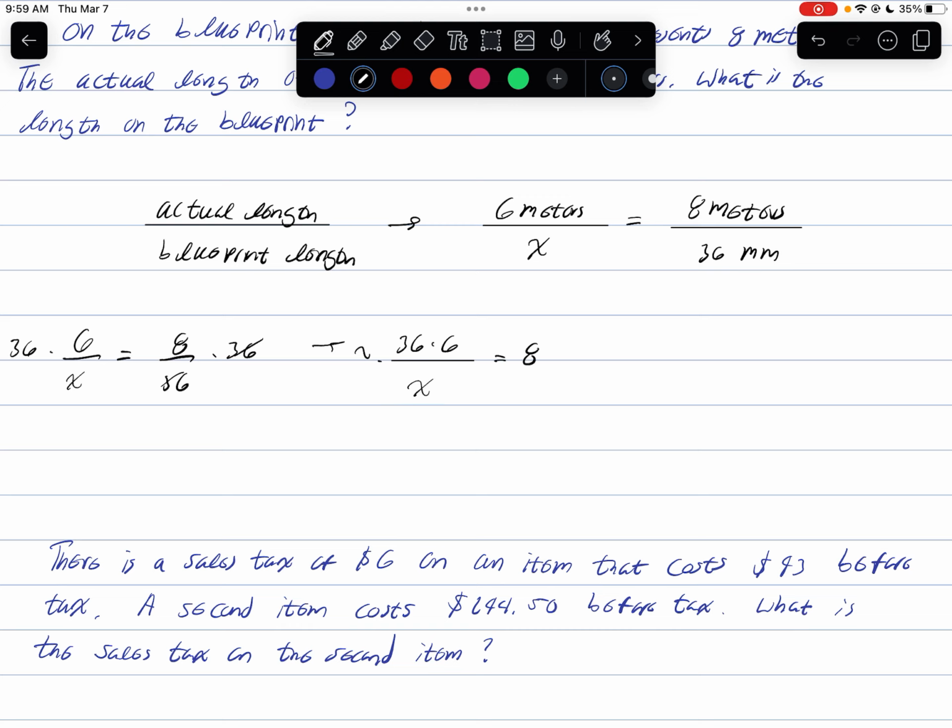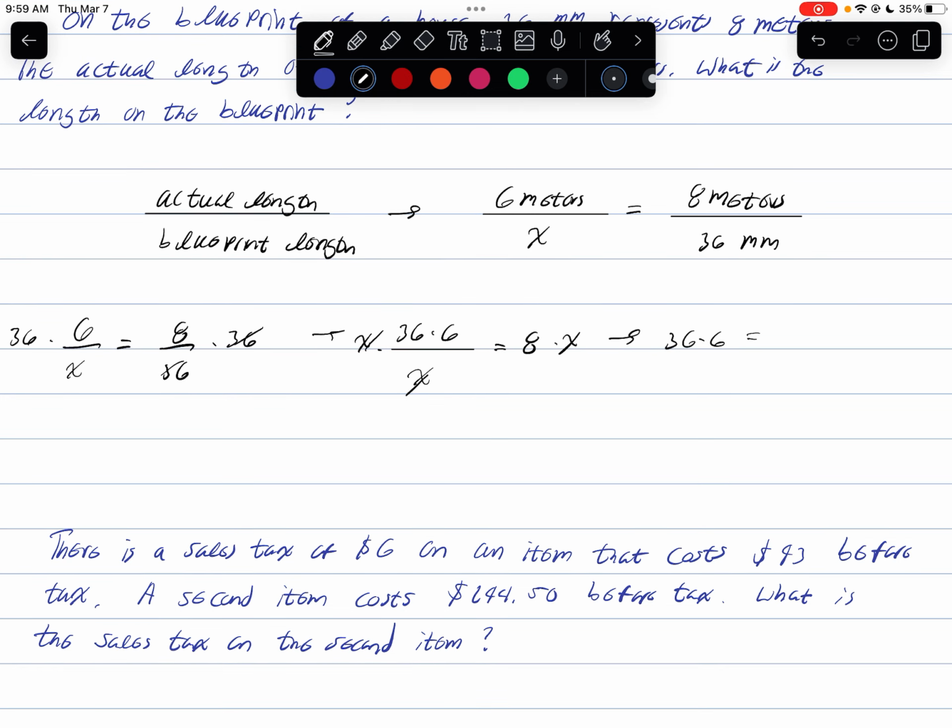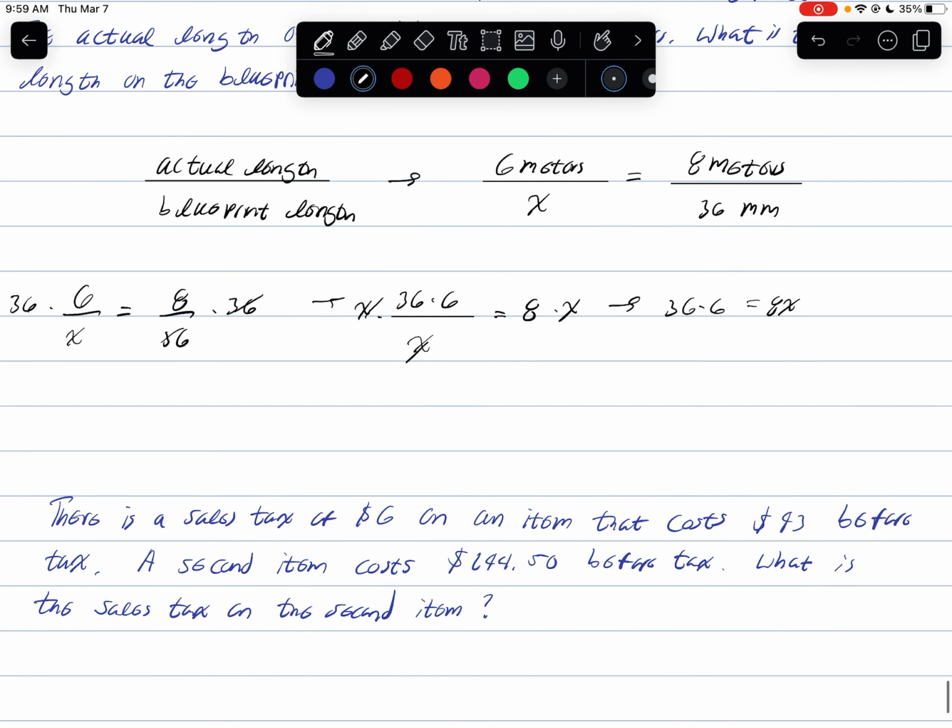And now we're going to multiply both sides by X. These will cancel, and we get 36 times 6 is equal to 8X. So we have 36 times 6 is equal to 8X. And now all we have to do is solve for X.